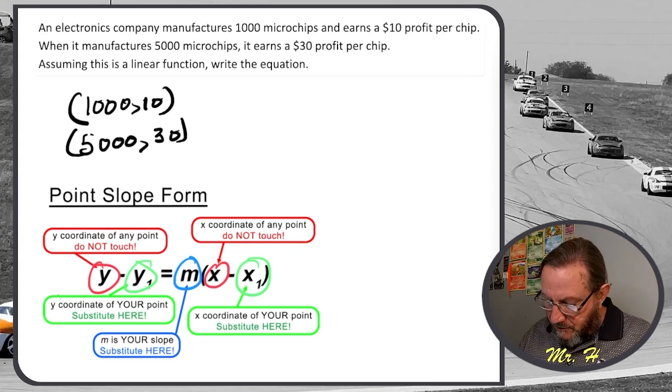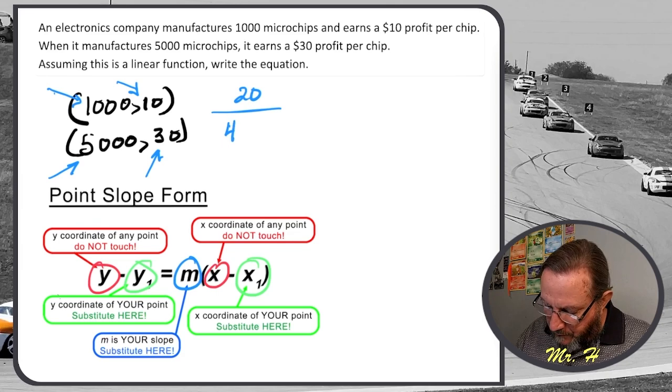What does that mean for this problem? What do the y values do? The y values go from 10 up to 30. That's a change of 20. The x values go from 1,000 up to 5,000. That's a change of 4,000.